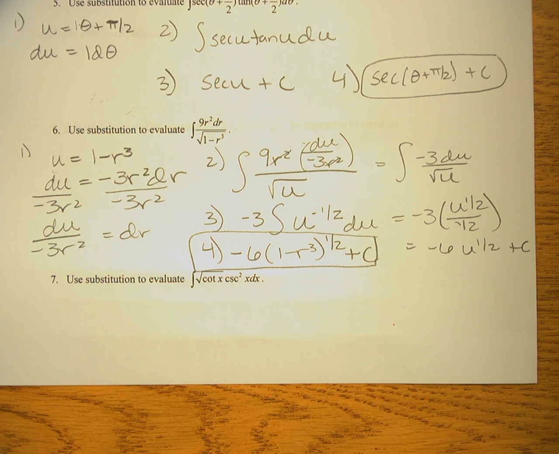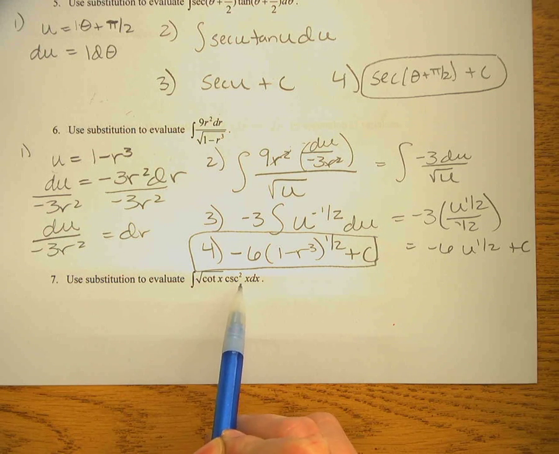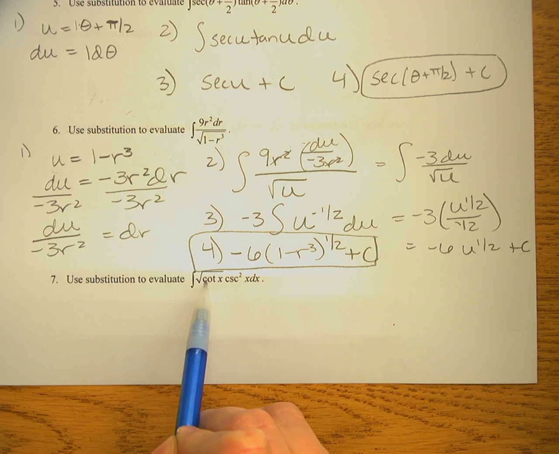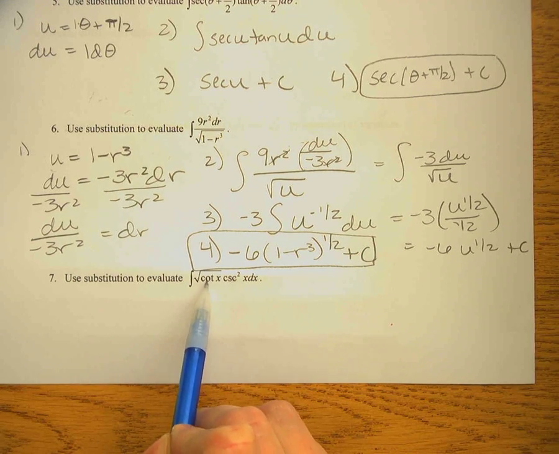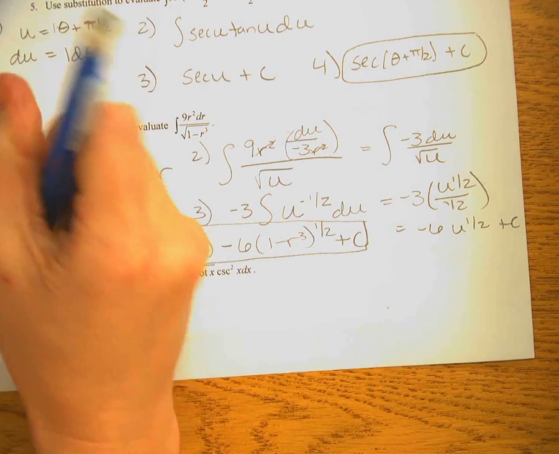So you look for the presence of a function and its derivative. Now between cotan and cosecant, you have to decide which one's the function, which one's the derivative. Well, I know that the derivative of cotan is negative cosecant squared. So this one's the function, that one's the derivative. So I'm going to let u be the function.